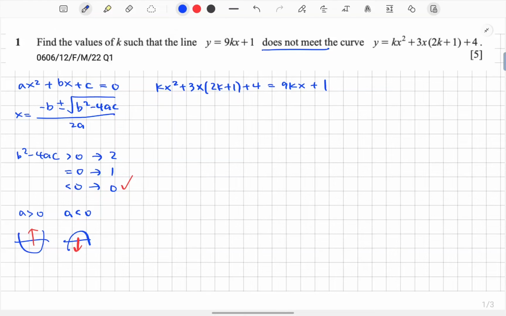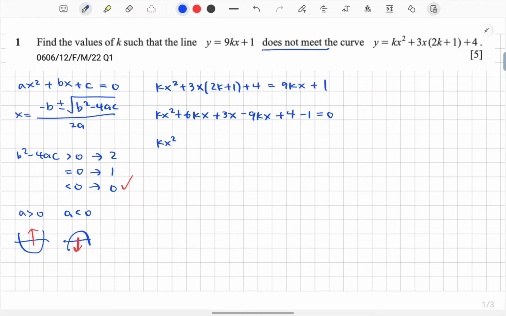I'll distribute first for the sake of calculation. Then I'll move the x term from the right hand side to the left hand side. I'll put down a plus 4 and a plus 1 from the other side.